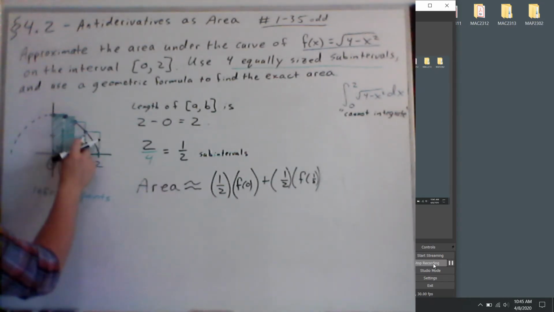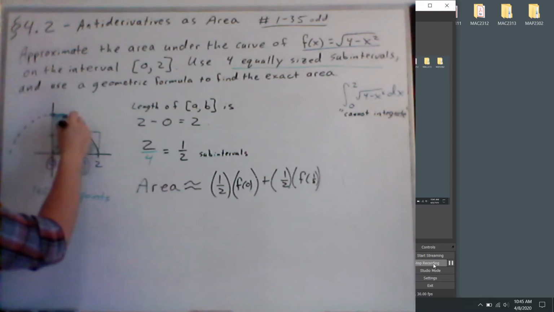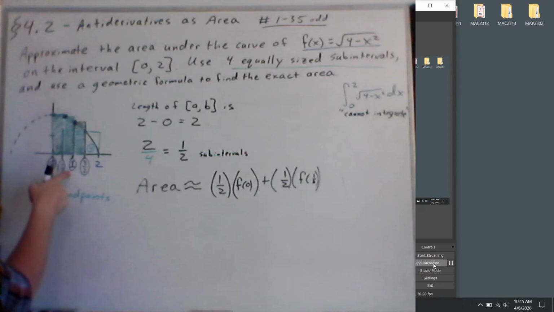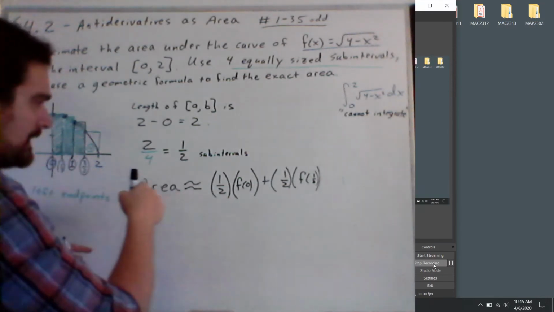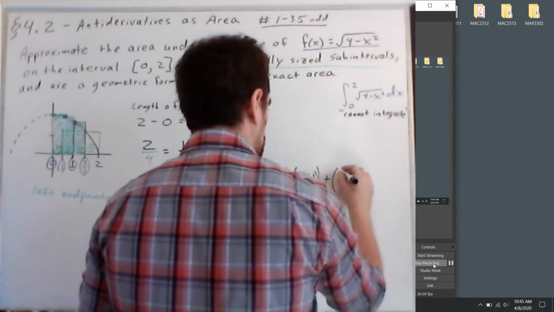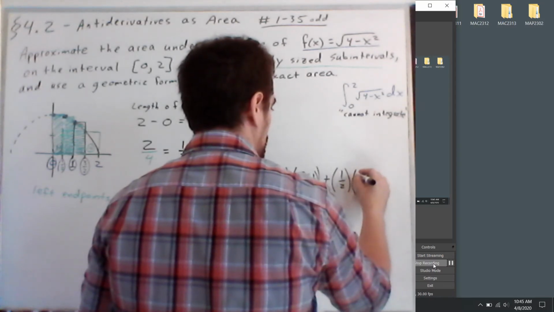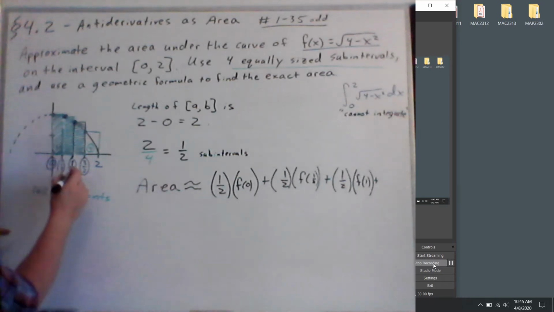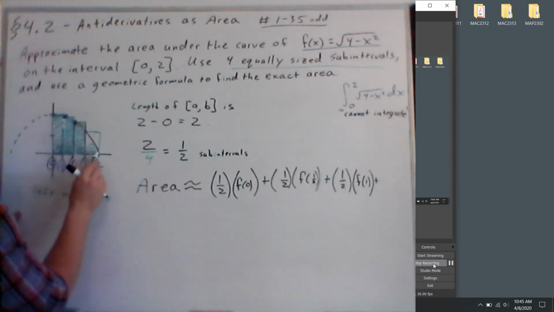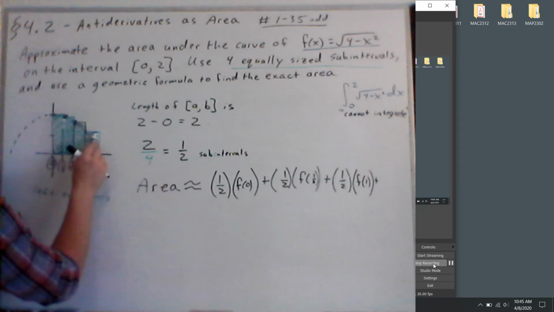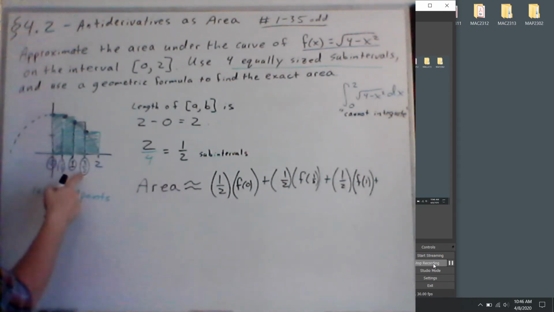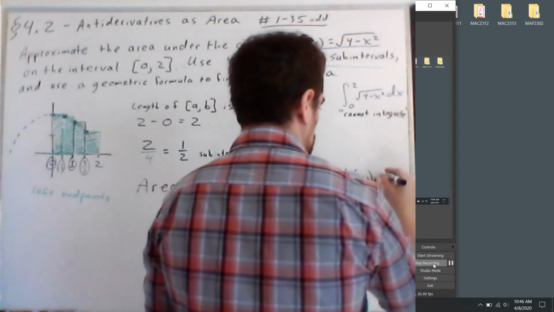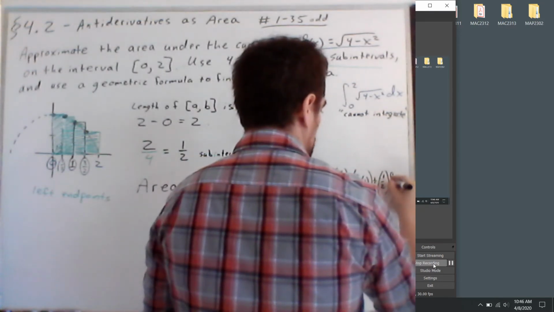It's 1/2 wide, but where does it hit the curve? That's the height of this rectangle. Well, it hits the curve at f of 1. So I need to go find f of 1 and multiply it by the width, 1/2. Last but not least, this very last one is 1/2 wide, but it has a height of f of 3/2. That's where it hits this left endpoint. So it's 1/2 times f of 3/2.